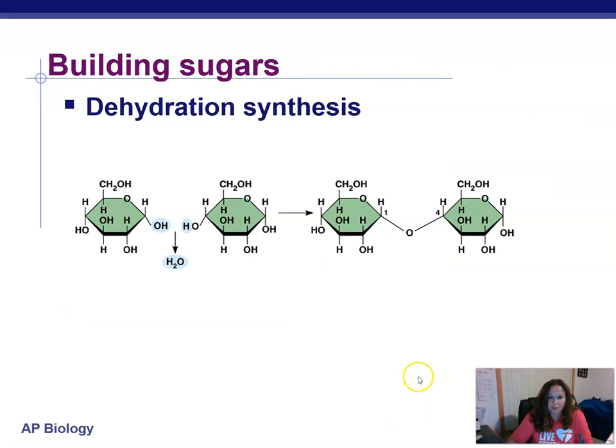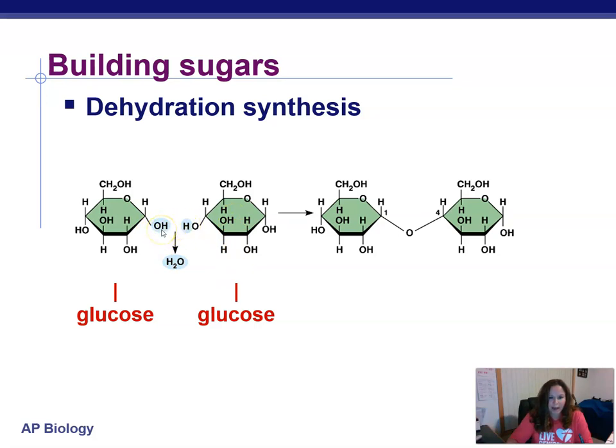So in building sugars, let's go over this again. We've got 2 glucoses here. And I'm going to start building a carbohydrate, a polymer. So in order to do that, I'm going to have to join these 2 glucoses together. So if you take a look, we've got an OH hanging off one and this H over here.